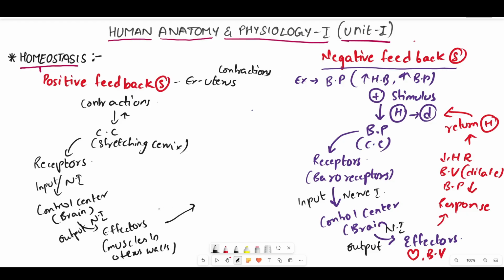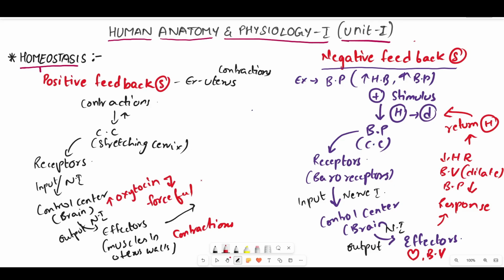So they will be allowing forceful contractions. Why is this happening? Because from the brain we got the output to increase the oxytocin, because oxytocin is responsible for increasing the contractions.